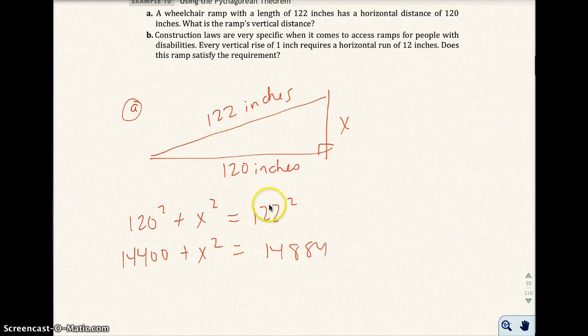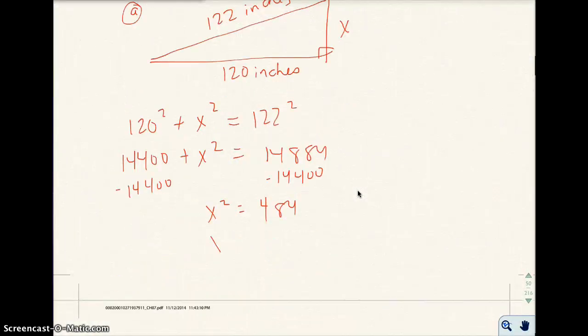This is a great problem to use the square root property because I have x squared and I have no x term. So I'm going to go ahead and subtract 14,400 from both sides. I get x squared equals 484.